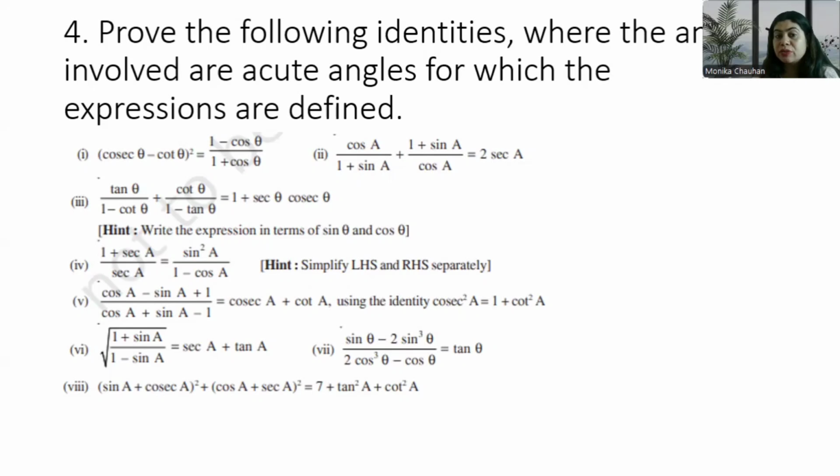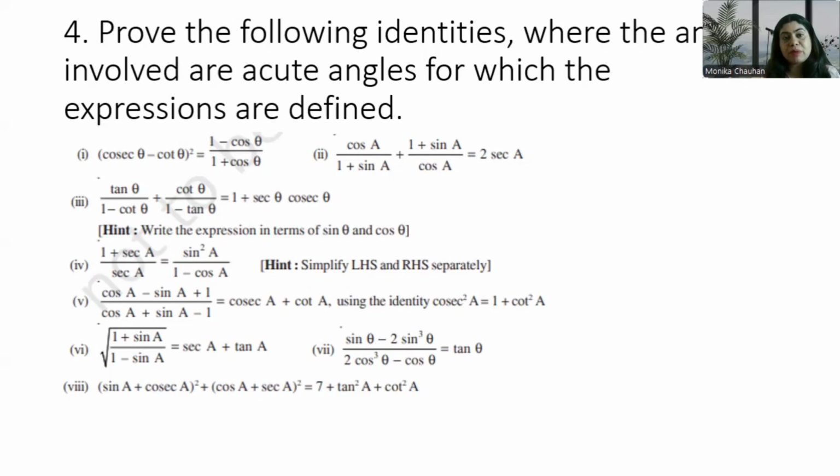So slowly and gradually we will try to solve each one of them so that you understand better. But I think people get confident, and they get clarity when they solve certain types of questions again and again. So here you need practice.